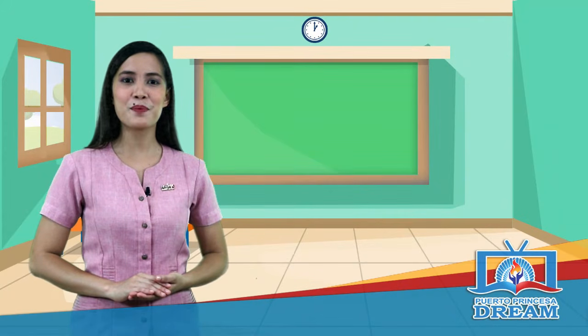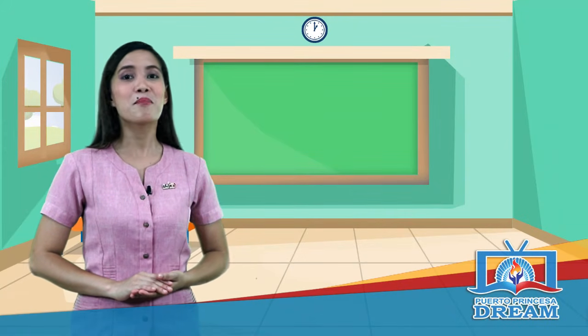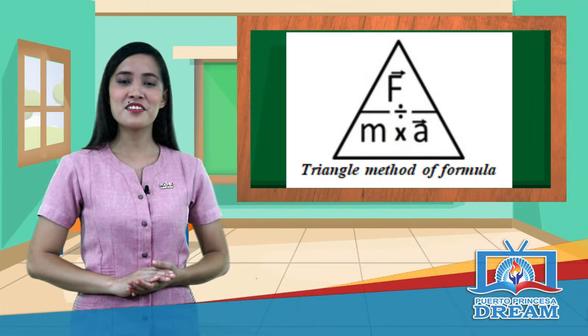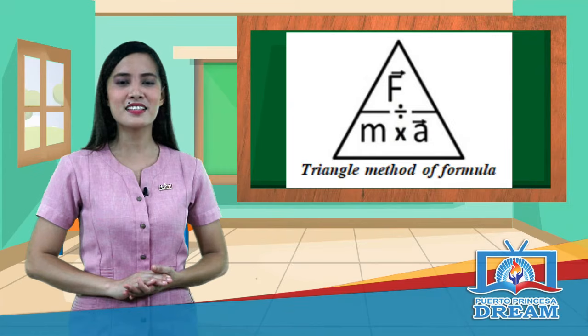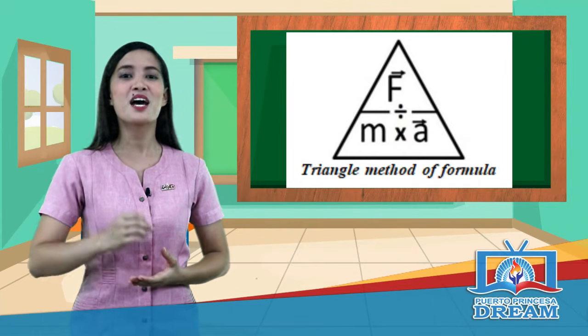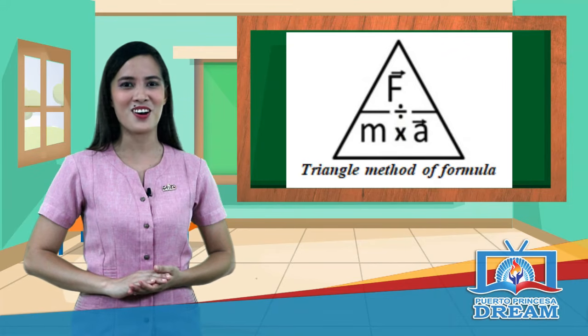You can see the relationship among these variables by looking at the figure. By using this triangle method, you can also easily determine equations that will help you solve problems related to Newton's second law.